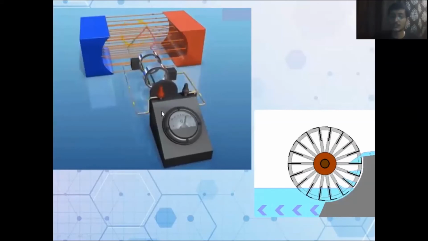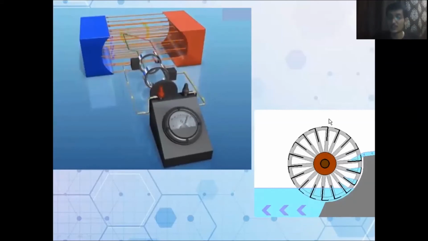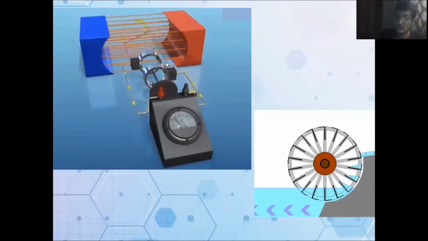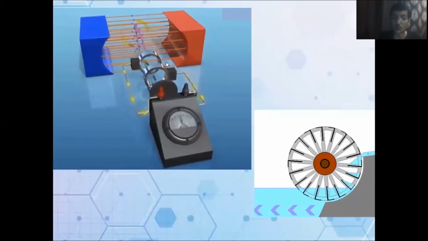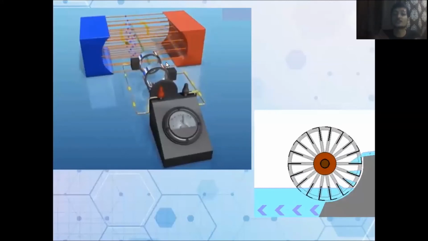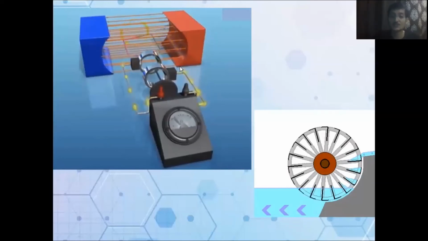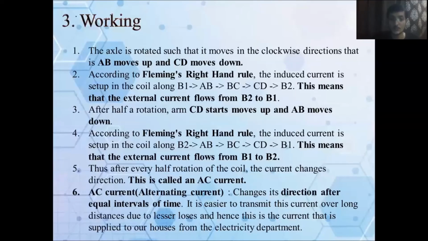So if the wheel is rotating, then the shaft rotates. If the shaft is rotating, all the things connected to the shaft, your armature coil and the rings, start rotating. And once they start rotating, they are in a changing magnetic field. The magnetic field is changing, which means we are getting the current.